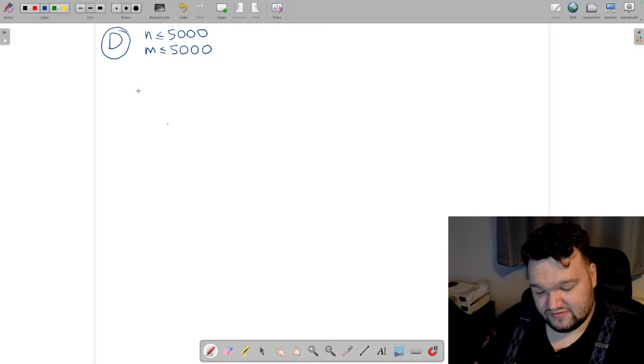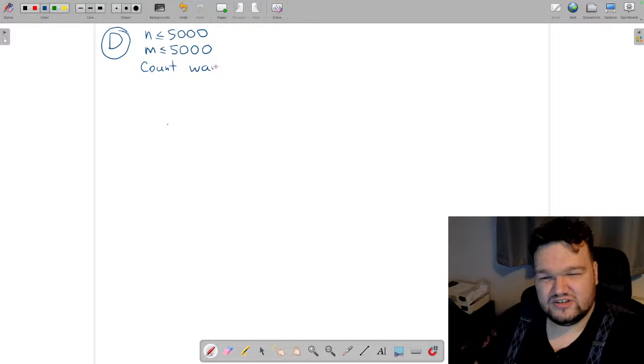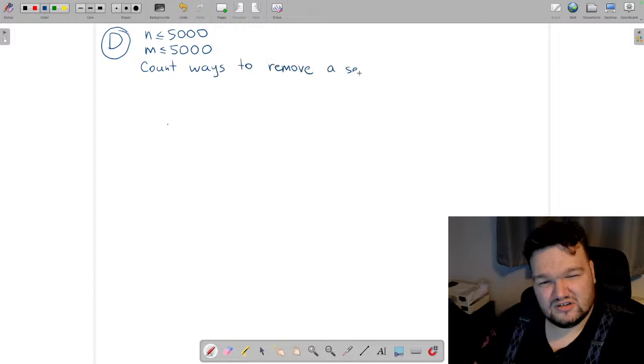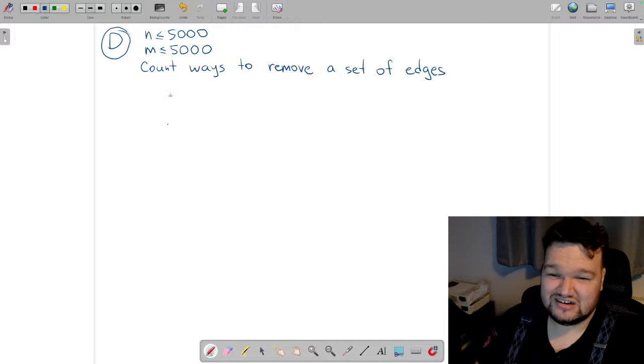We want to count the number of ways to remove some set of edges such that after that the graph is good.